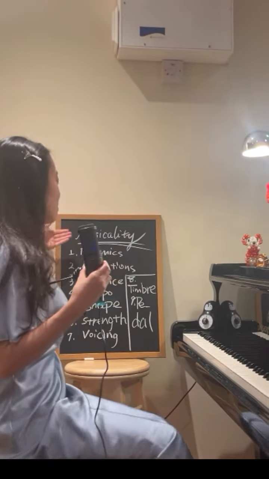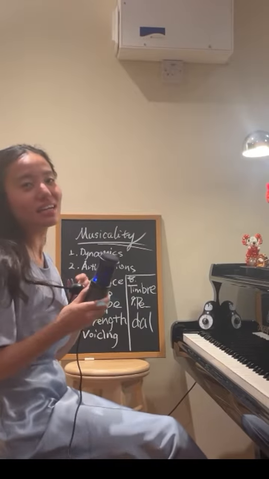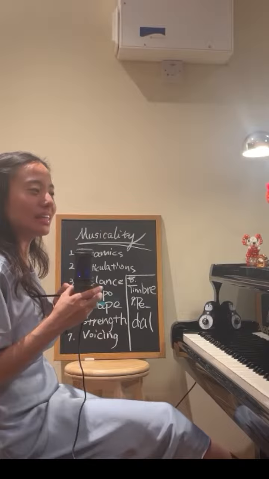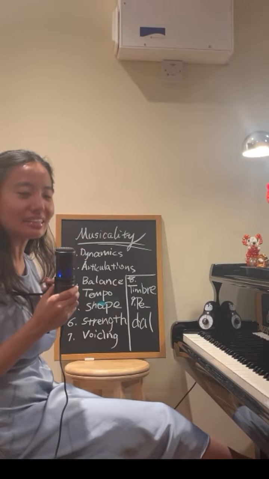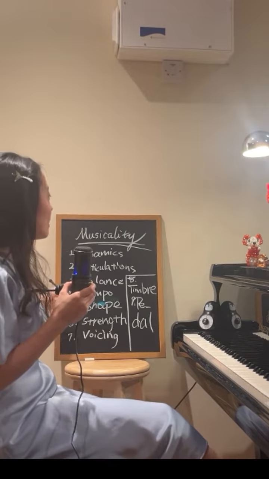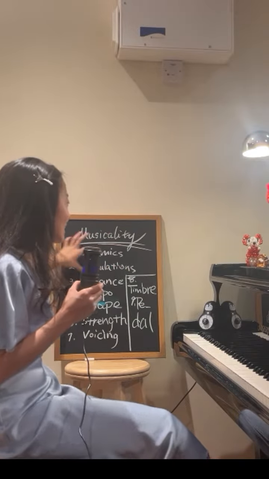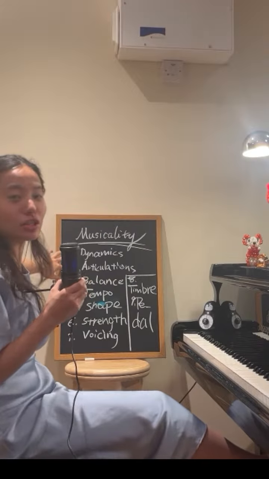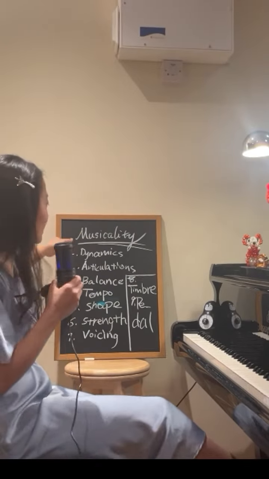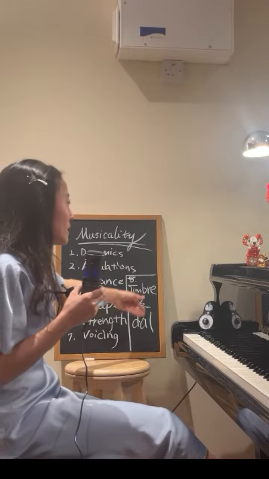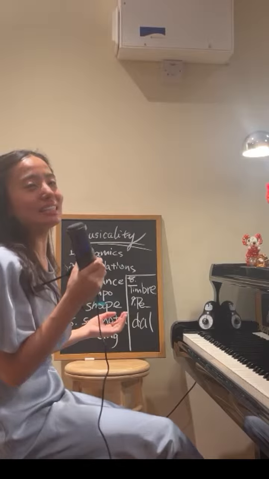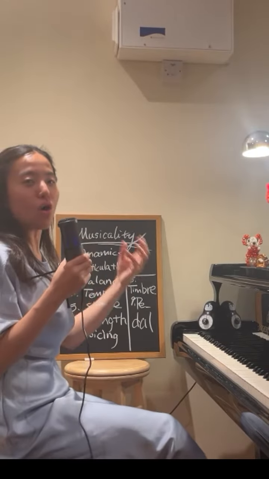Okay, so now we have all these 9 steps, and I think those are the factors that can control your musicality. By following the composer's mind for the first two, dynamics and articulations, we have to follow the composer. For the rest, we can have our own designs, interpretations, and thoughts.